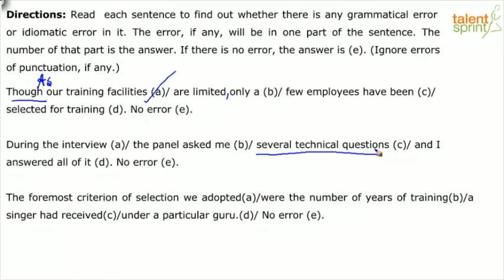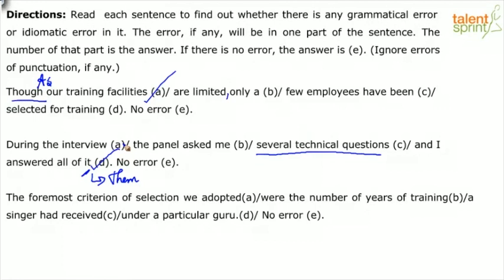So you just need to make sure the pronoun is rightly substituting the noun, right? The noun here is several technical questions. So you change that to them. Option D is where the error is. It's an easy one again. Let's look at the next one.